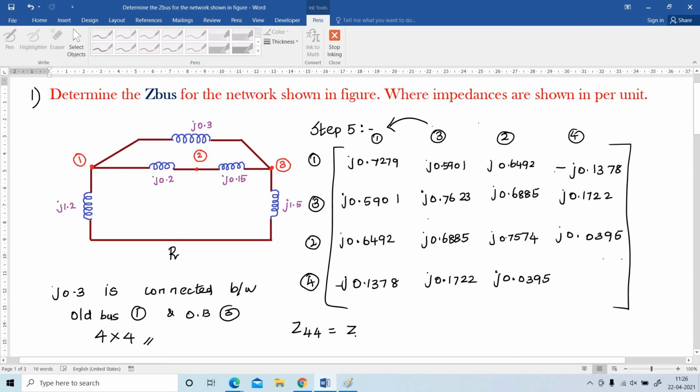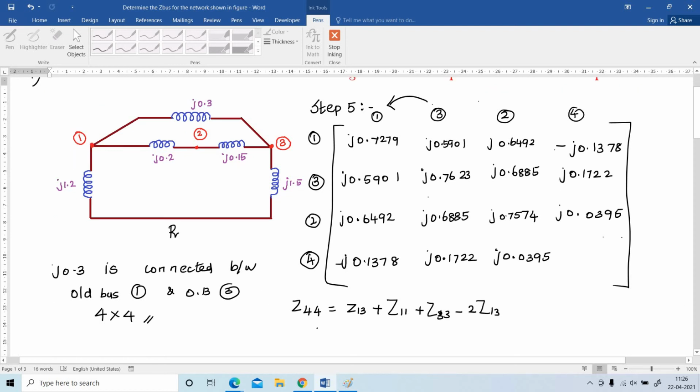How to find out? It is small z13 plus capital Z11 plus capital Z33 minus 2 capital Z13. So what is z13? The element connected between the old bus 1 and old bus 3, J 0.3. What is Z11? That is J 0.7279. What is Z33?